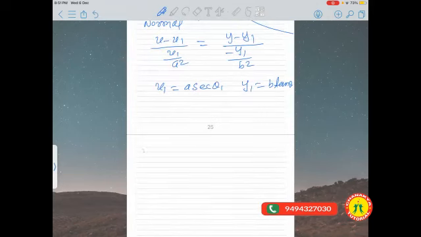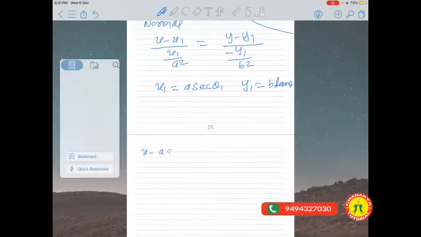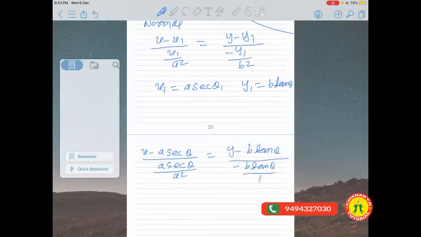So simplify this: x minus a sec theta upon a sec theta by a square equal to y minus b tan theta upon minus b tan theta by b square.